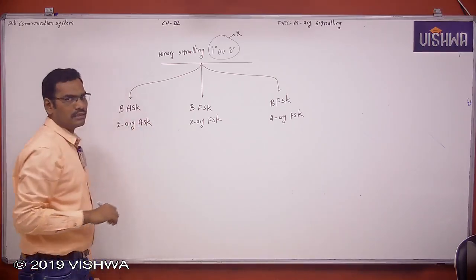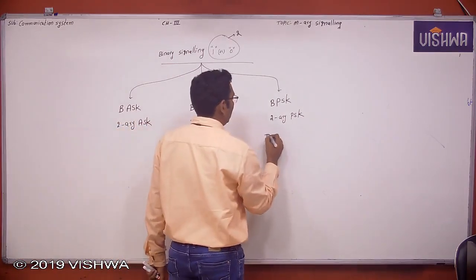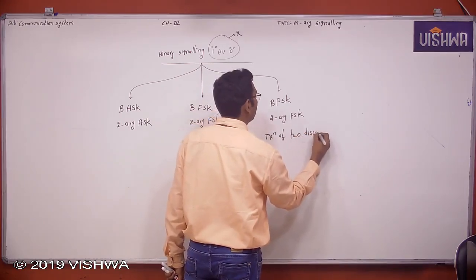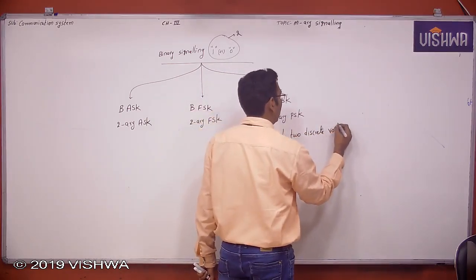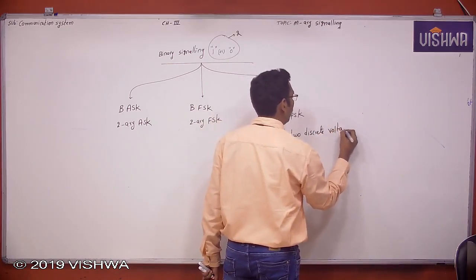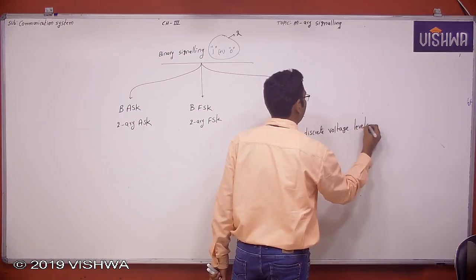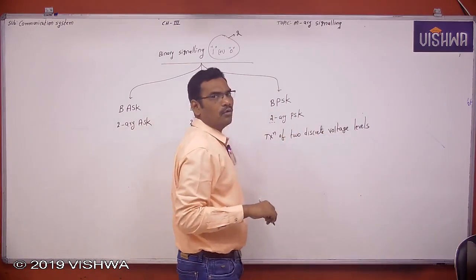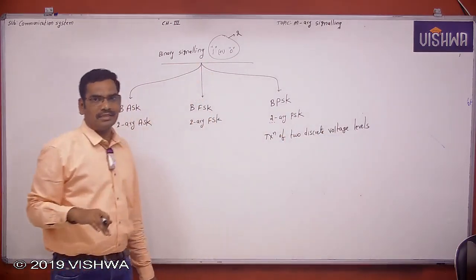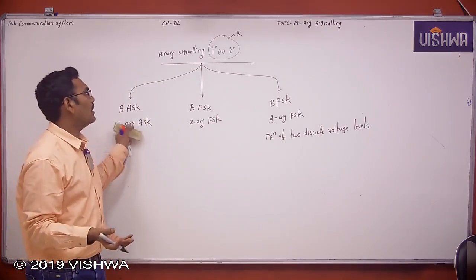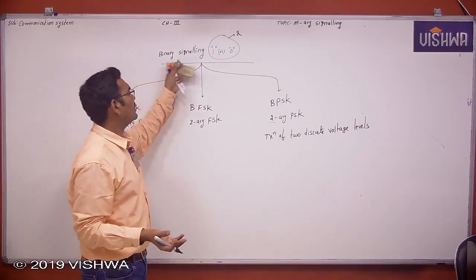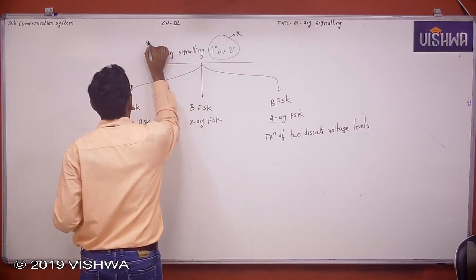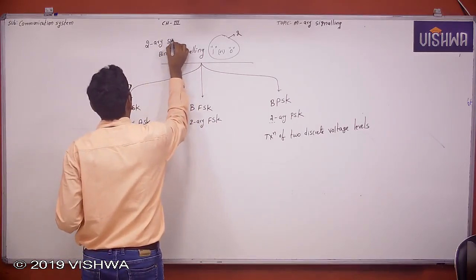What is the meaning of this? 2-array means transmission of 2 discrete voltage levels, because this is 2-array. 2-array means transmission of 2 discrete voltage levels through a digital communication system. So we take the help of the carrier and a modulation technique. Therefore, this is called binary signaling, or we may call it 2-array signaling.